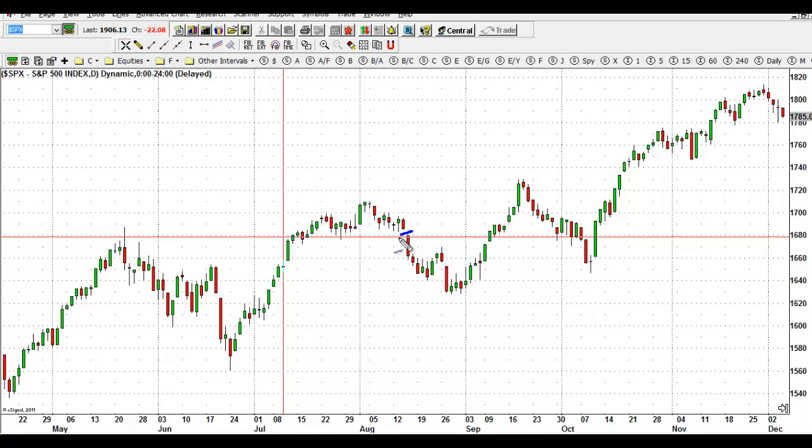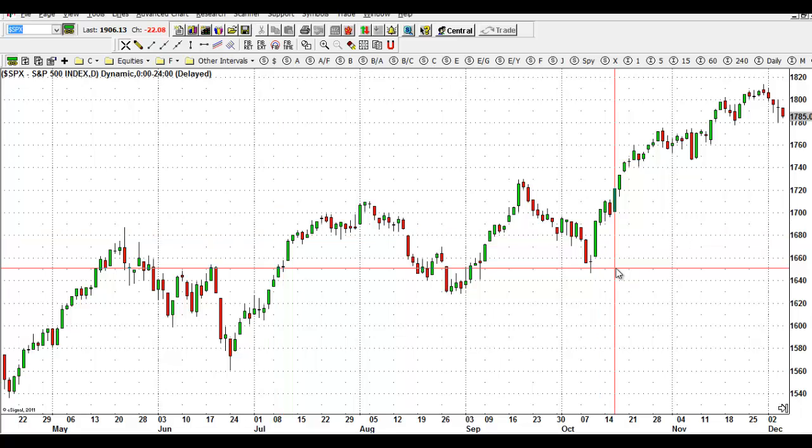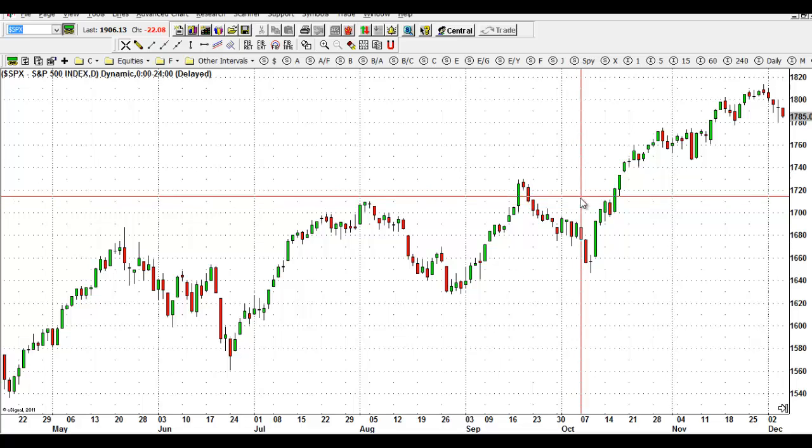This is what happened on this particular day. This is the 26th of August. The market was down on the 26th of August. On the 14th of October, the market was up. So each bar represents one day.